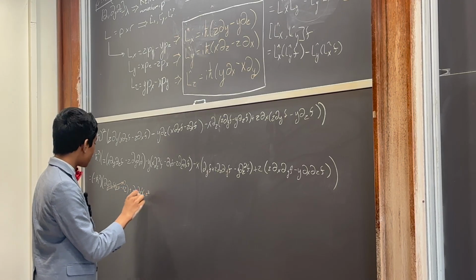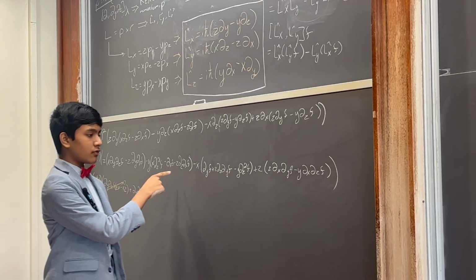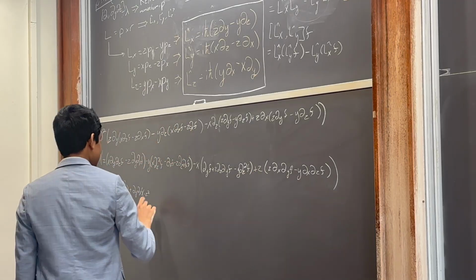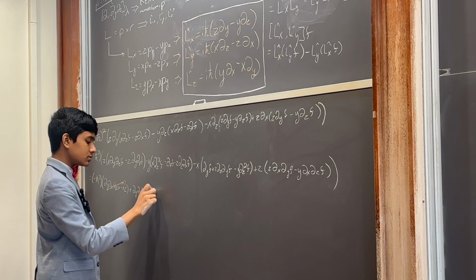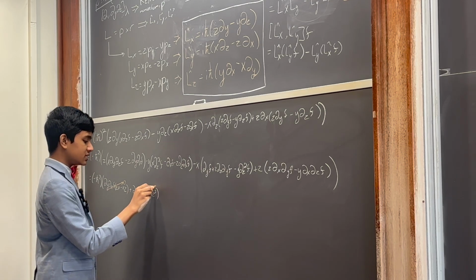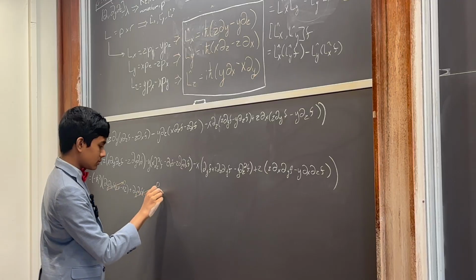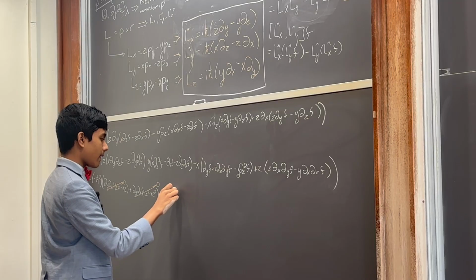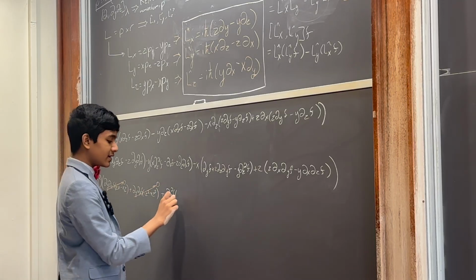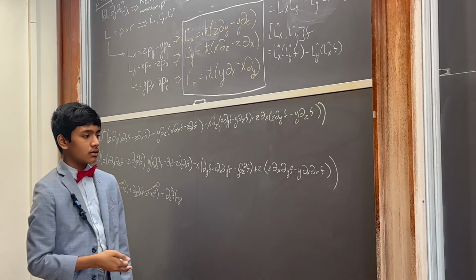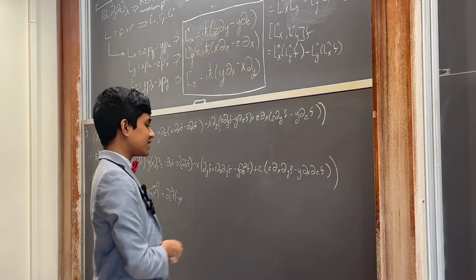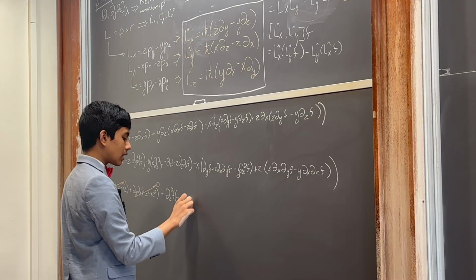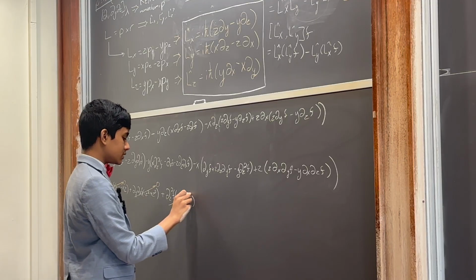There's a minus z squared coefficient here. And if we look for it later on, partial x partial y f, z times z is positive, so this also goes to 0. Then we have partial z squared f. The coefficient in front of it is minus yx. The other coefficient in front of it is minus x times minus y, which is positive xy. So this also goes to 0.